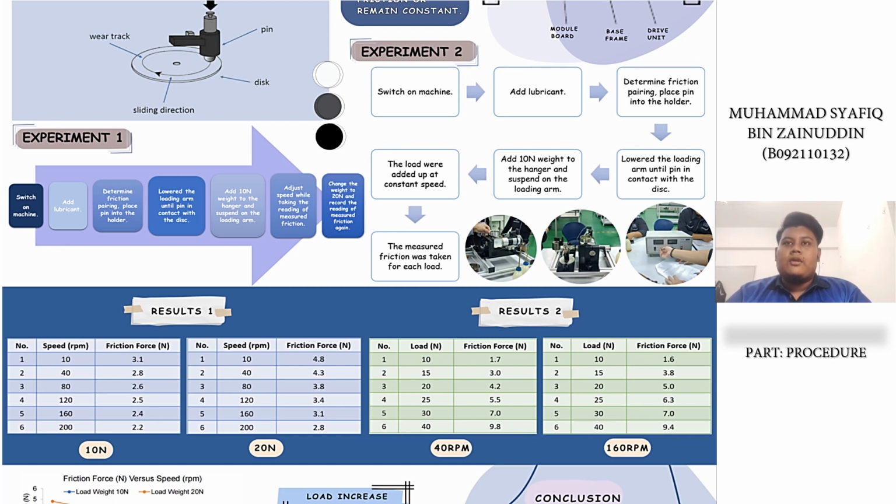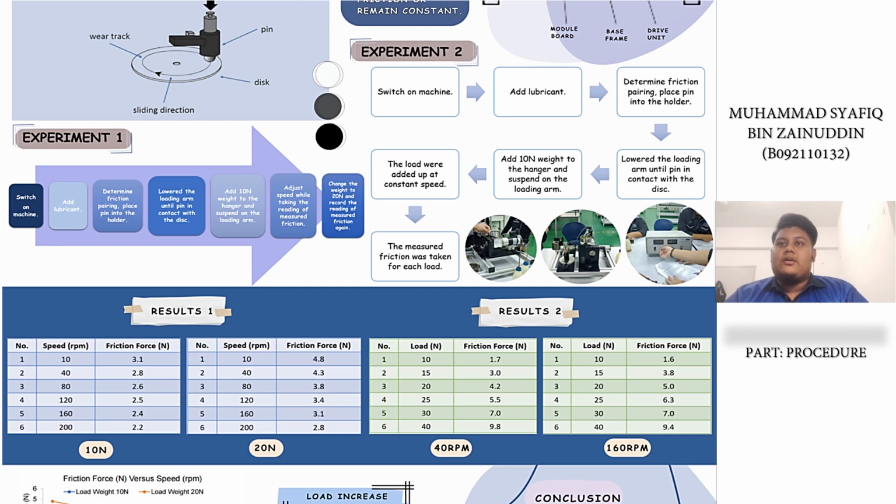Now I will present about the procedure of experiment 1 and experiment 2. First, experiment 1. The procedure is first we switch on the machine and add a lubricant. After that, we determine the friction pairing, place the pin into the holder, and then lower the loading arm until the pin is in contact with the disc.